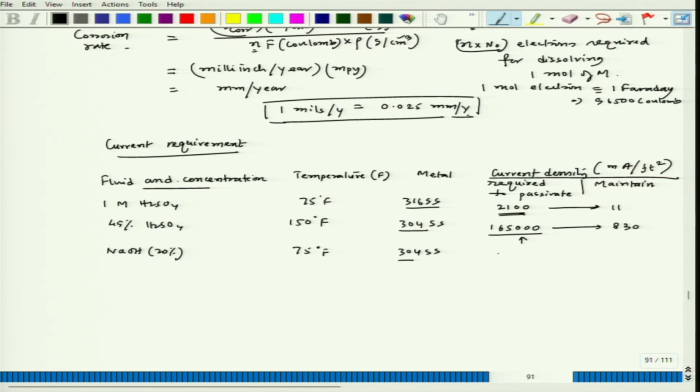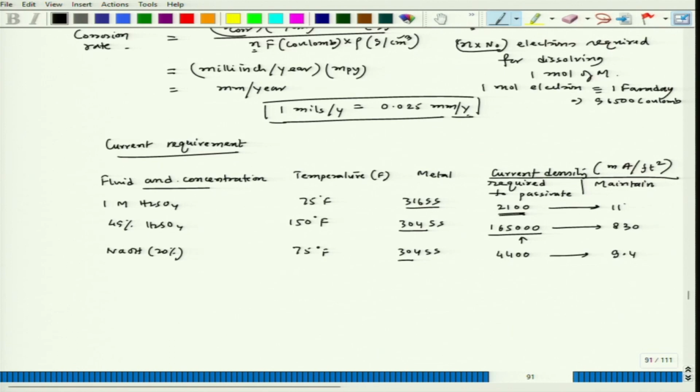There the current requirement initially for taking it to the protection zone is around 4400 milliampere per feet square. Once it reaches E protection, it will be around 9.4 milliampere per feet square. There is a lot of data in that book, you can look into it, but what we would like to say is that the current requirement drops drastically once it reaches the passive range.